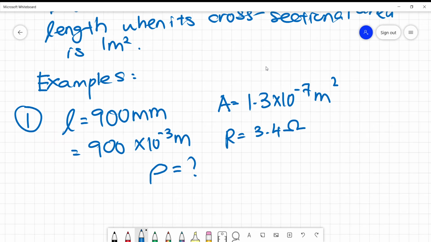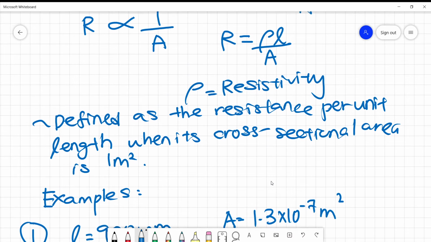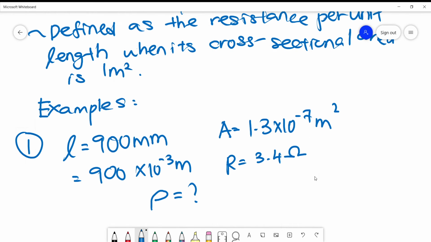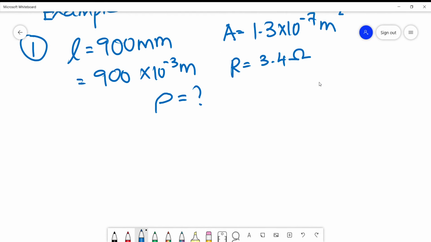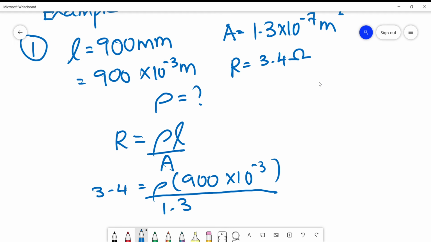Based on the formula we discussed in the previous video, R equals rho L over A. What we need to do is substitute all the information given. R is 3.4, rho is the one we need to find, the length is 900 times 10 to the power negative 3, and the cross-sectional area is 1.3 times 10 to the power negative 7.